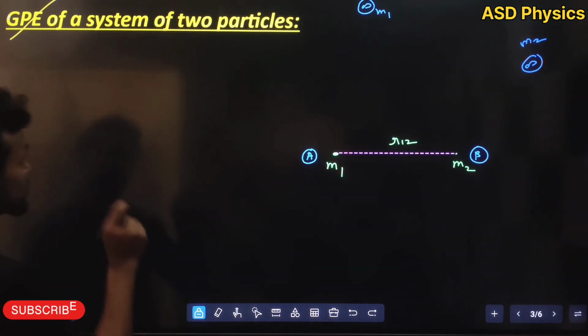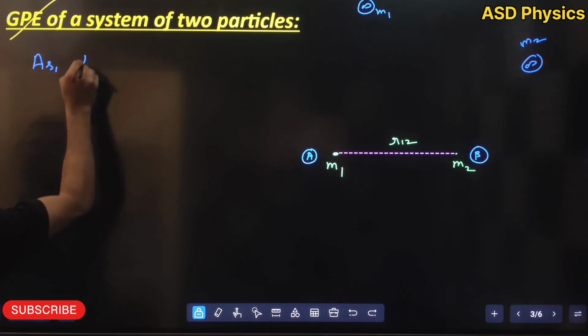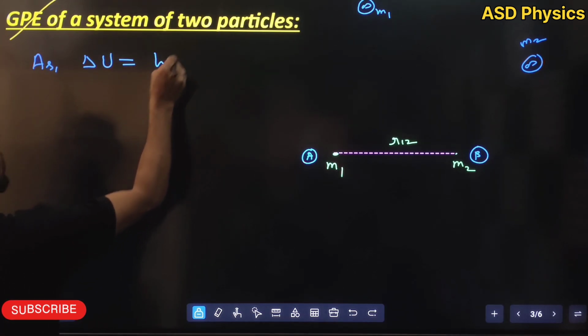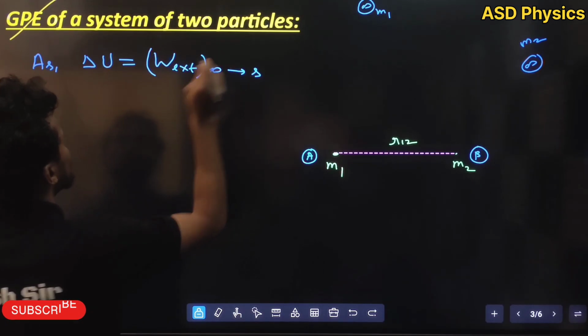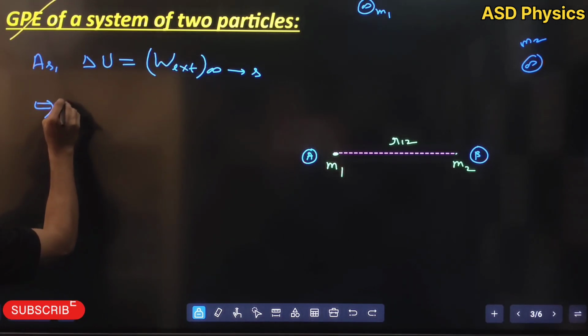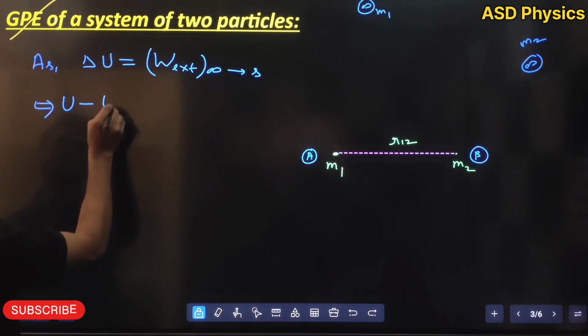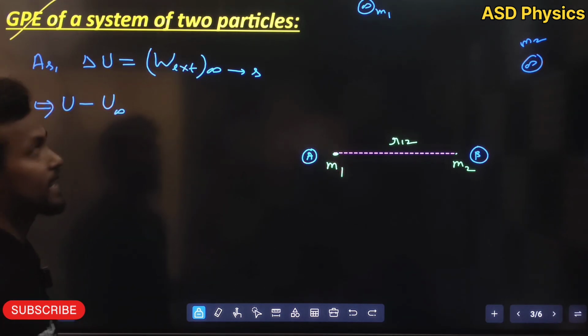Understand it very well, students. As the kinetic energy is constant, delta U is equal to the work done by the external force from infinity to make the system. Delta U means the potential energy of the system minus the potential energy at infinity.